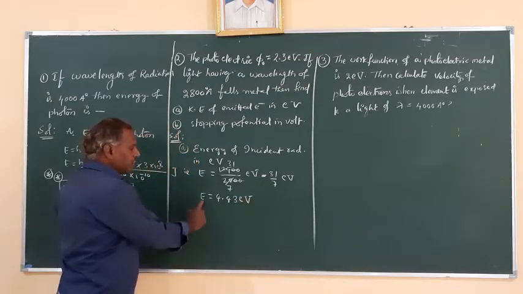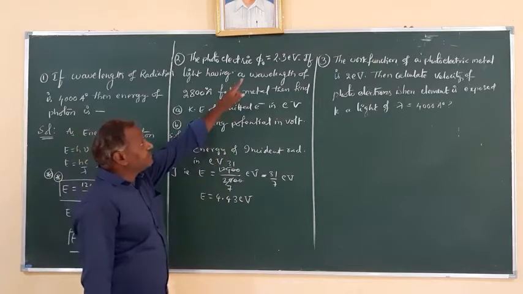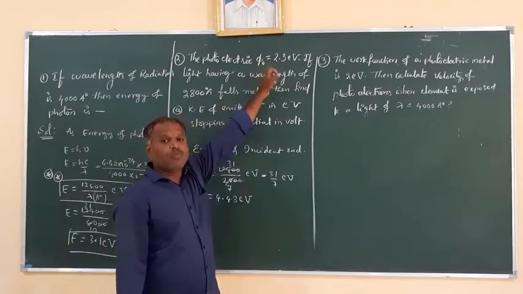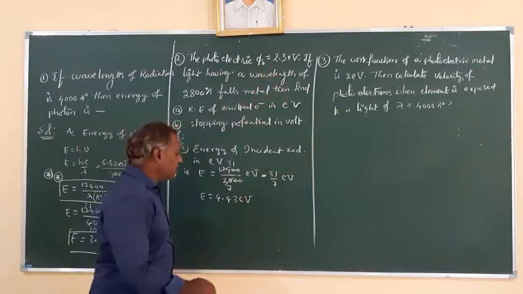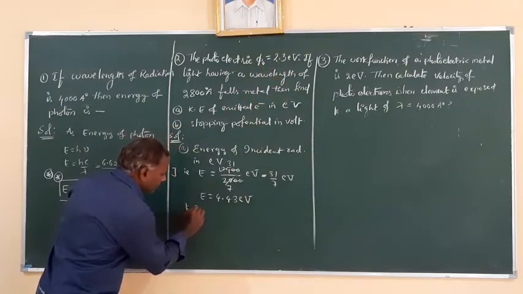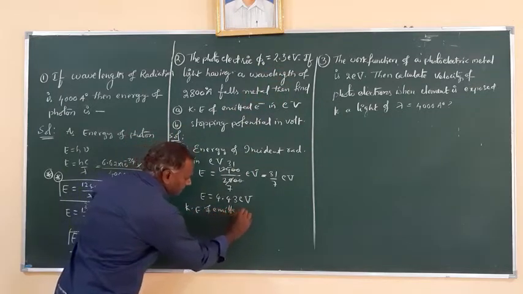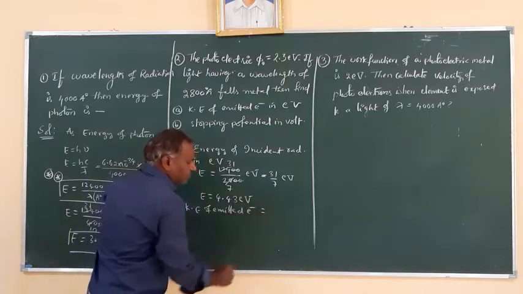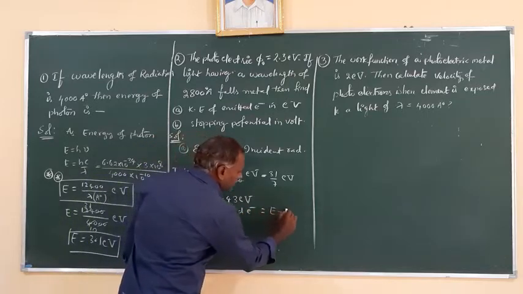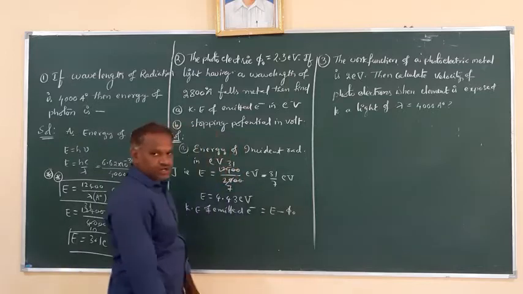Now this is the incident energy, but the work function is also given: 2.3 electron volts. Then what is the kinetic energy? The kinetic energy of emitted electrons is equal to E minus phi naught, the work function.